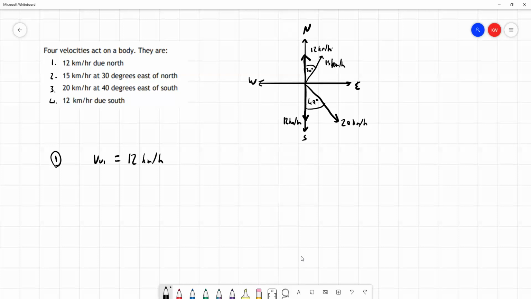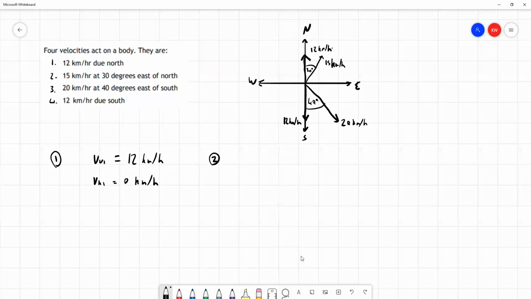And we can leave it like that because we know positive means north in this case. And we know that it's a vector that's pointing vertically upwards. That means VH1 is going to be equal to 0 km/h. So that's an easy one.